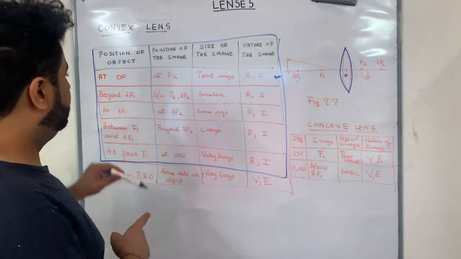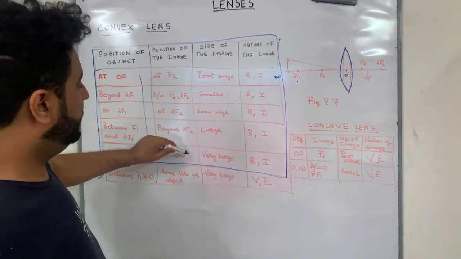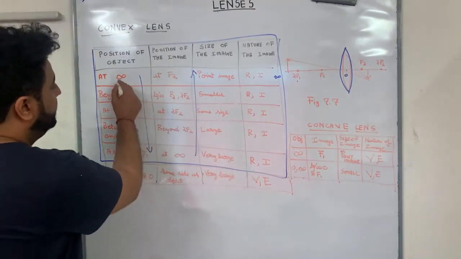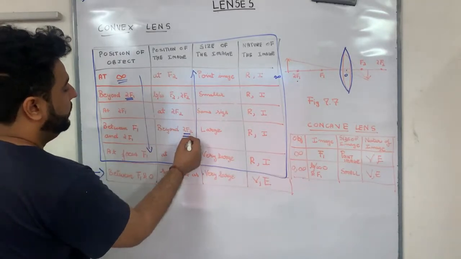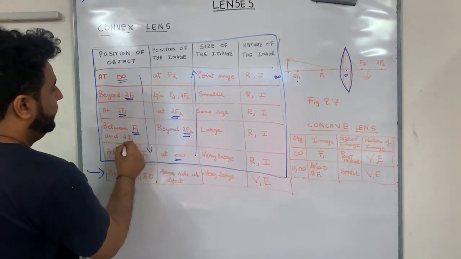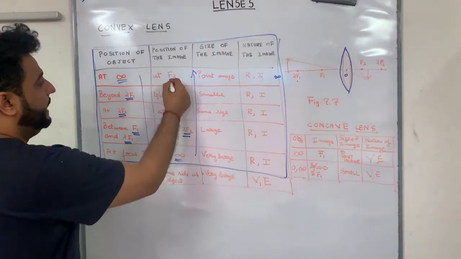Now if you notice how this goes down, the image will be formed exactly opposite. This is at infinity, beyond 2f1 the image is beyond 2f2, at 2f1 the image is at 2f2, between f1 and 2f1 the image is between f2 and 2f2, at focus f1 the image is at f2.